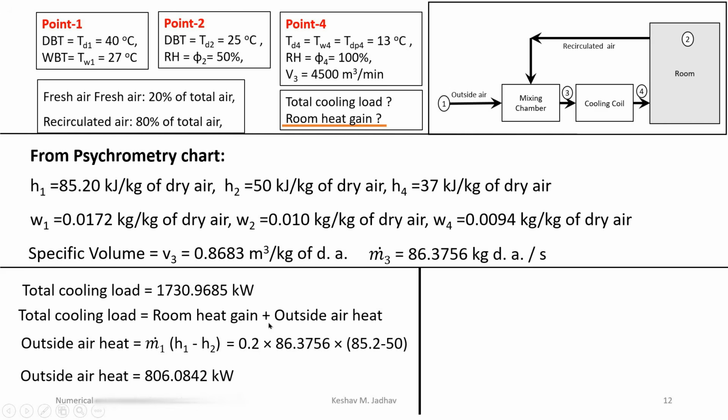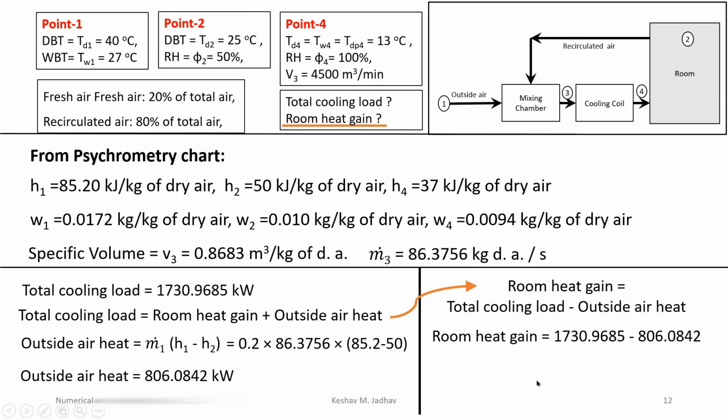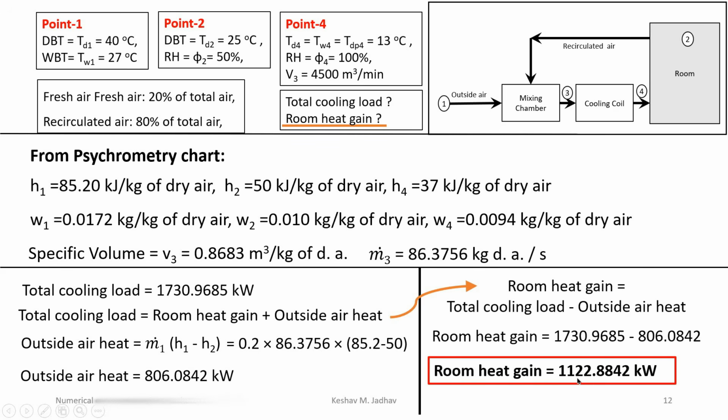So to calculate room heat gain, we can rewrite this formula as room heat gain is equal to total cooling load minus outside air heat. So by putting value of total cooling load and outside air heat, we can calculate room heat gain is equal to 1122.8842 kilowatt. So this is room heat gain.